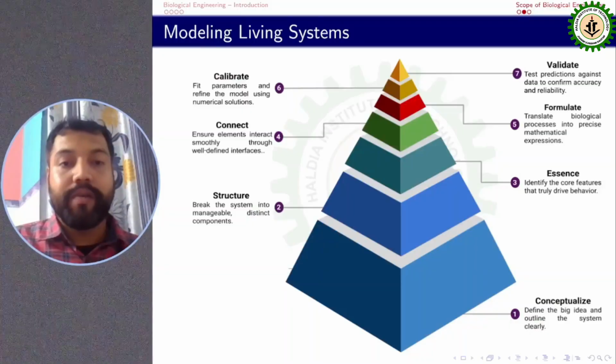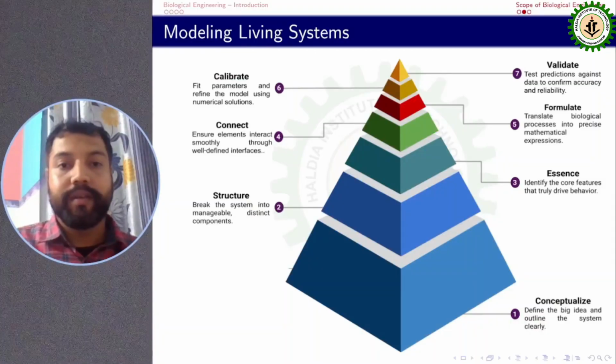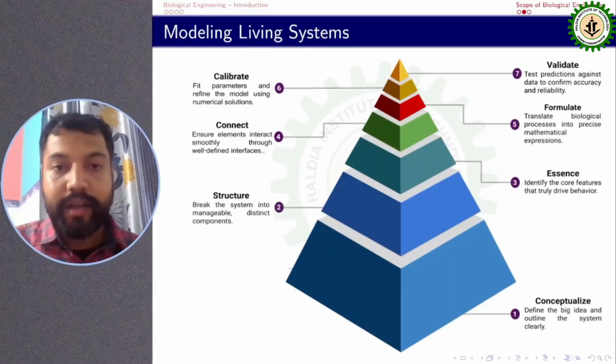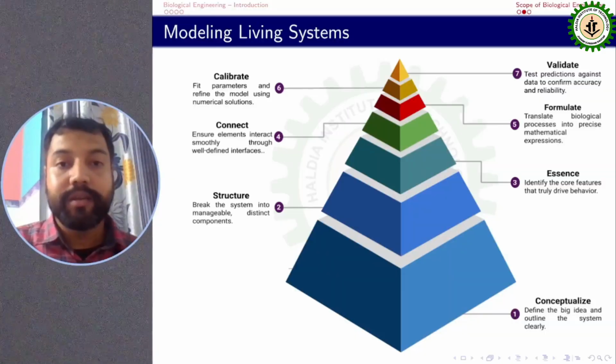So, how about understanding how a living system works? As we discussed, engineers predict the system behavior through models before implementing bench scale experiments.